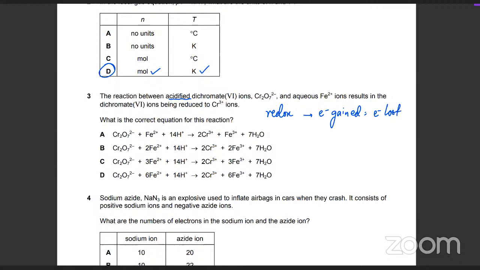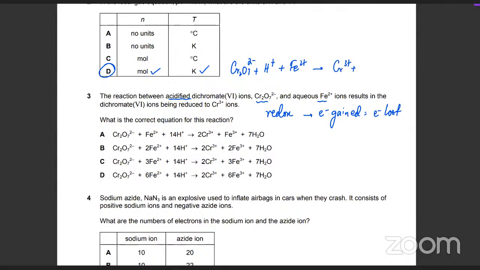So if I were to make an equation from scratch, acidified means that there is H+, so there's Cr2O7 2-. Also, it's acidified, so that means there's acid H+, and then there are Fe2+ ions. And on the product side, I've got what? Dichromate(VI) ions are reduced to Cr3+ ions.